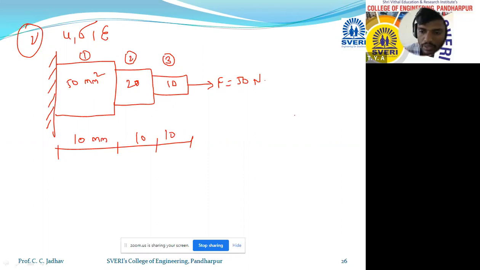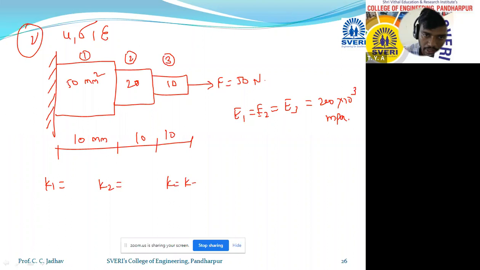Young's modulus for all the materials, E1, E2, E3, is equal to 200 into 10 raised to 3 megapascal. Your task: first find out the K1 value, K2 value, and then final K, that's K1 plus K2.